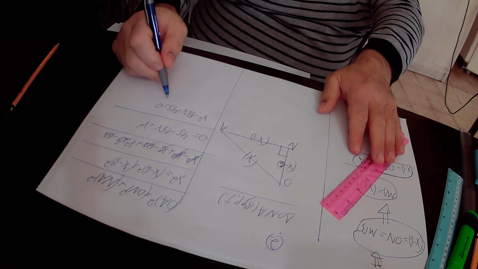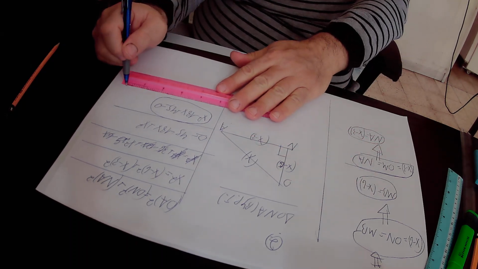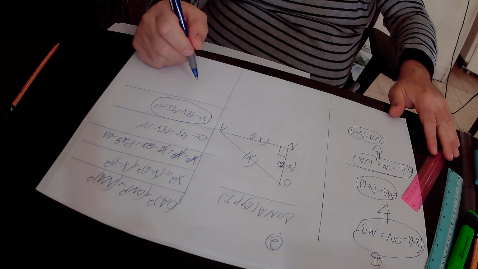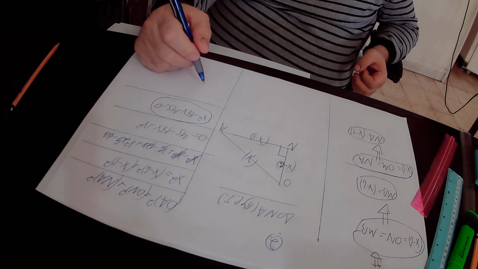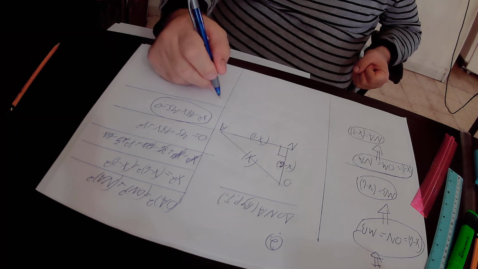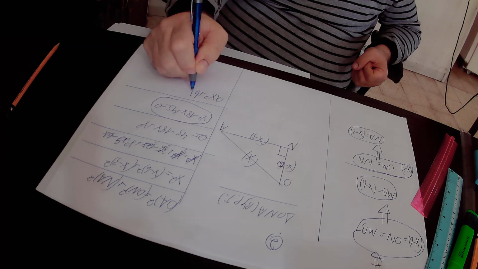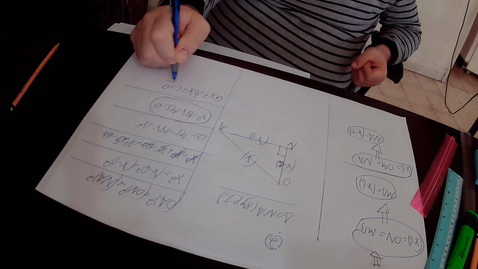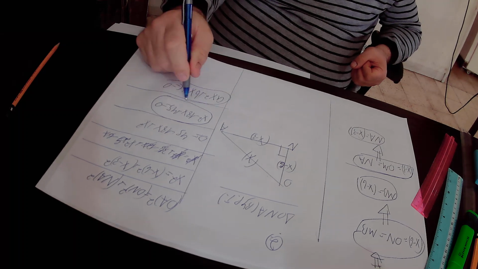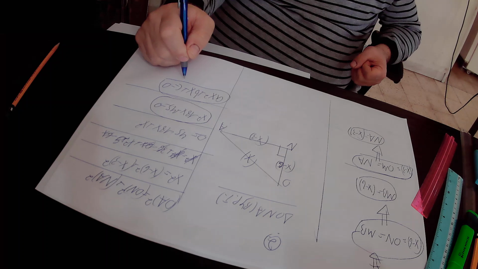So this is a quadratic equation, and the general formula for a quadratic equation is ax squared plus bx plus c equals 0. In this general formula, a, b, and c are the coefficients of the quadratic equation, and x is the variable that we are looking for.